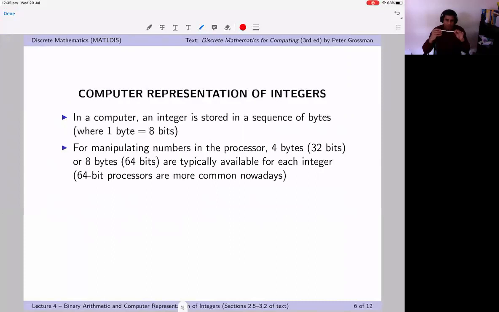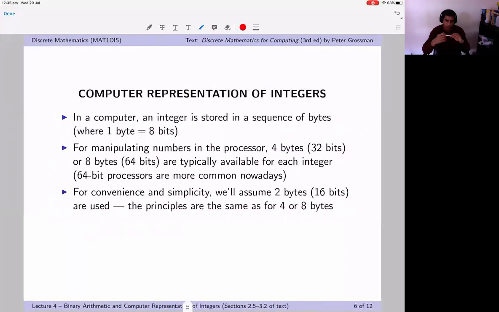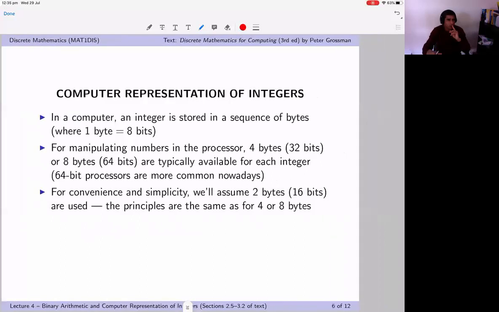For manipulating numbers in the processor, normally we use 4 bytes or 8 bytes. These are typical processors that are common nowadays. But for convenience, we will stick with 2 bytes only, that is a 16 bit computer. The principles are the same for 4 bytes or 8 bytes, whatever you choose.